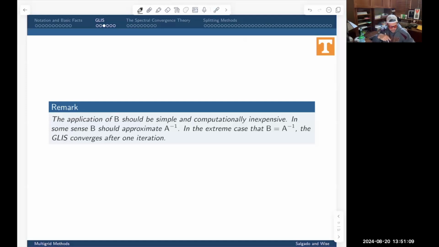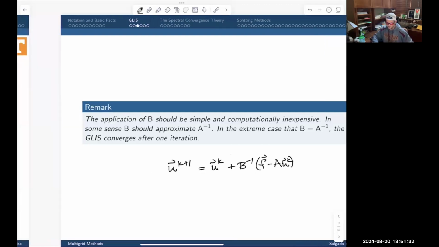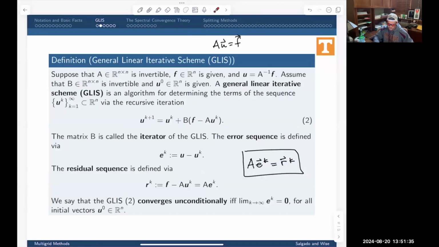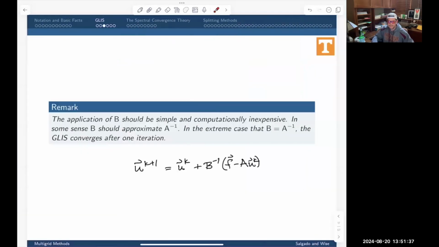In the Purple Monster, the classical numerical analysis text, you saw the iteration scheme was defined as B inverse, right? So is this different? We use a B here. It's not different. It's just we're using B and B inverse in a different way.